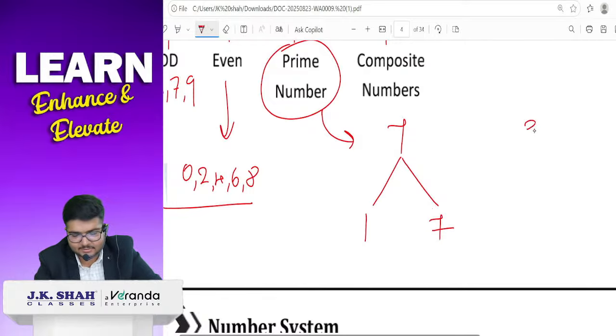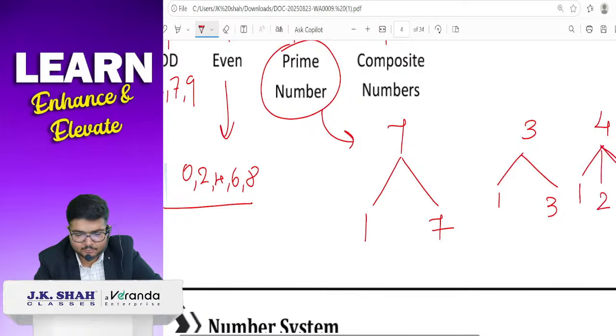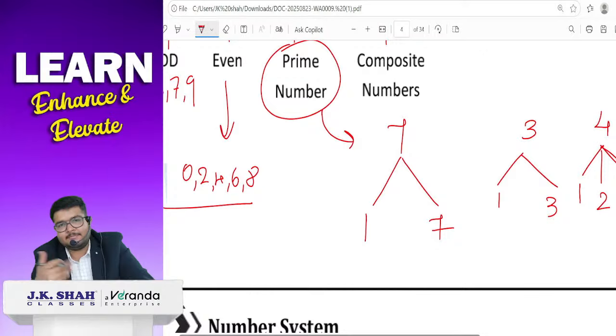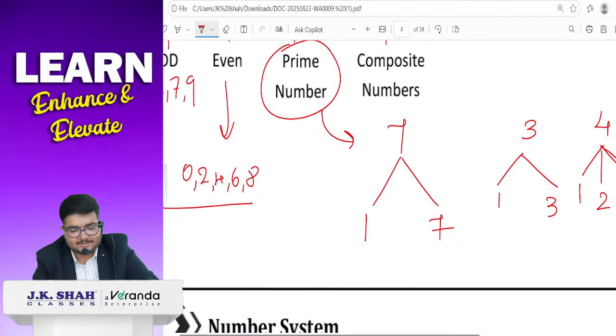What are the factors of 3? 1 and 3. What are the factors of 4? 1, 2 and 4. You are understanding what I am trying to tell you, right? 7 comes in the table of 1 and the table of 7. 3 comes in the table of 1 and the table of 3. Now 4 comes in the table of 1, also the table of 2, also the table of 4.